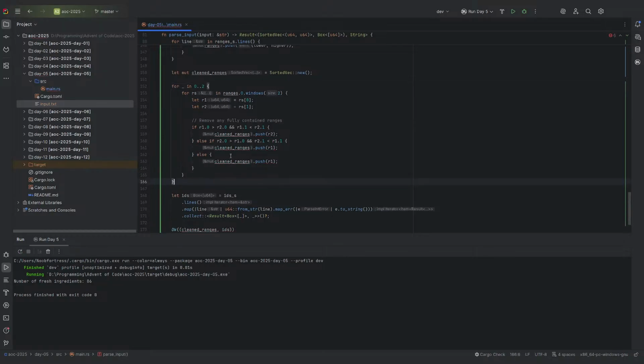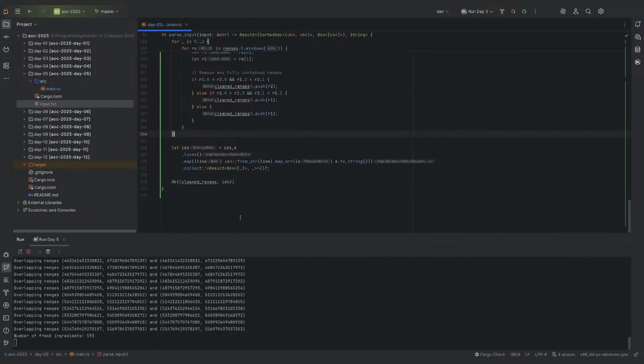I just want to go for a working solution at this point. No, that one's gonna make it way worse because there will be duplicates.